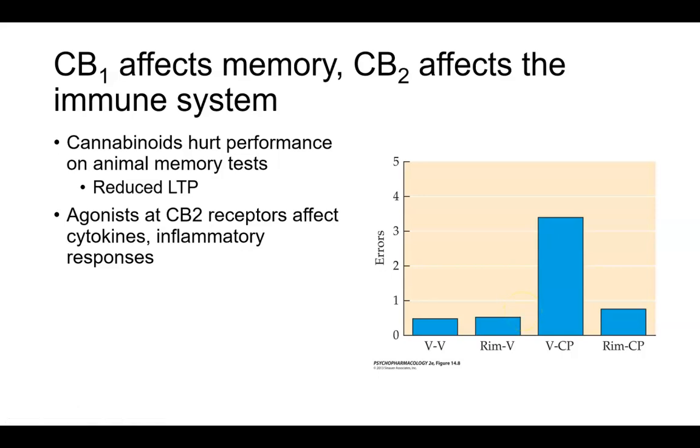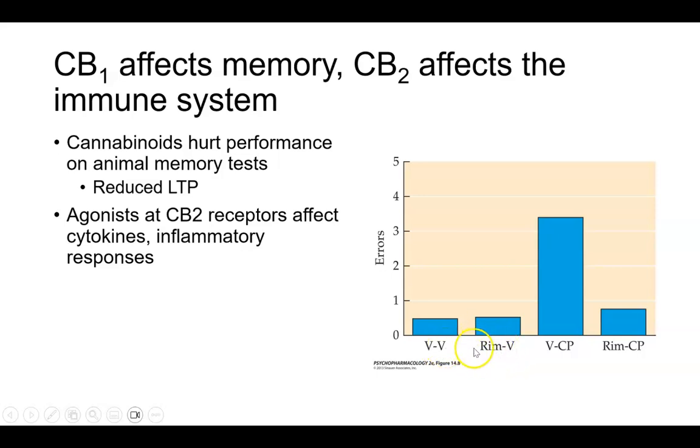So they have either been injected with a vehicle, which is basically just sterile saline, and you can see that they're doing training, but then they also get a vehicle. And you can see that there's not really a lot of errors that are being made between training and test.